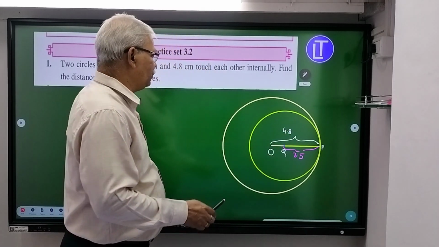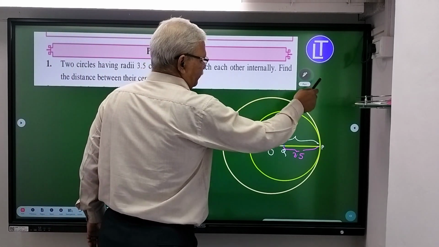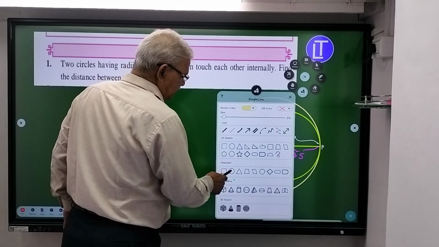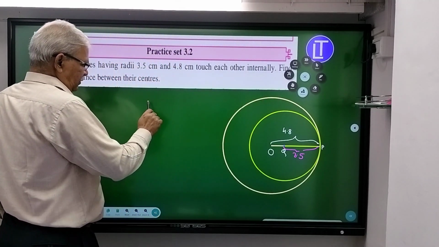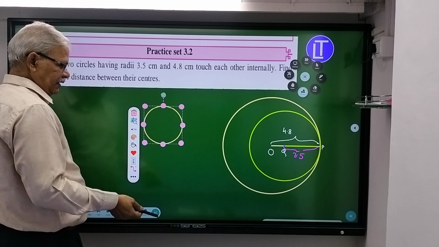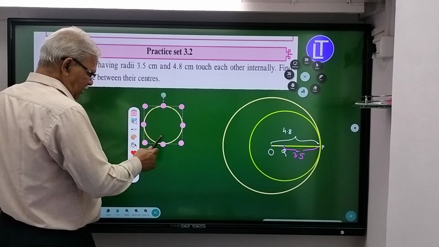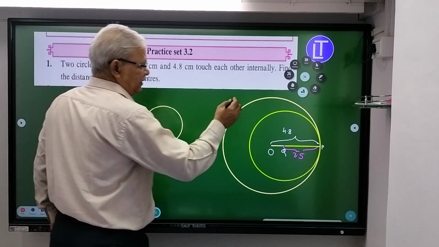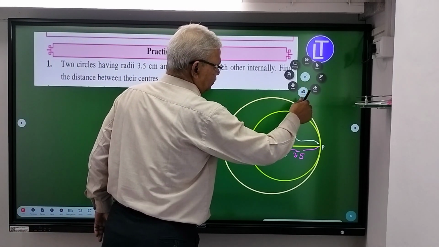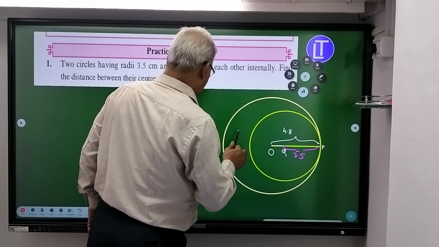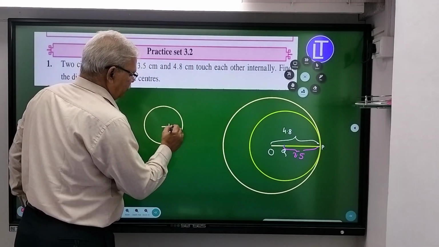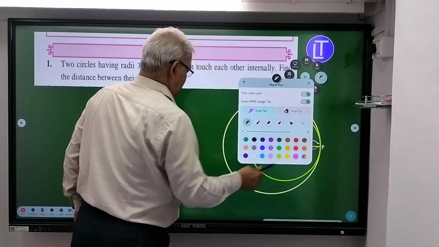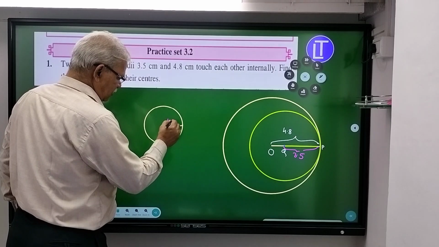You can draw any circle and consider its radius; don't draw the circle to the given value. Draw a circle like this, whatever it may be, and consider its radius equal to 4.8.